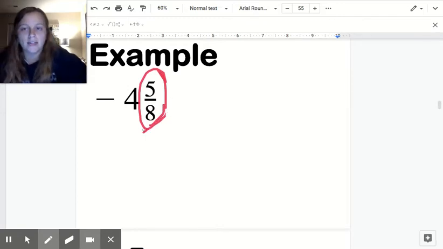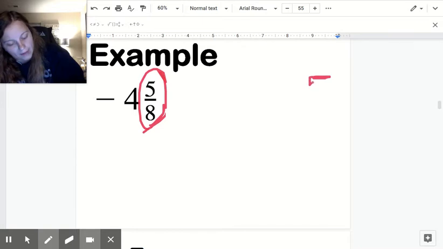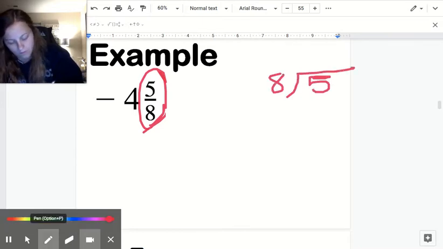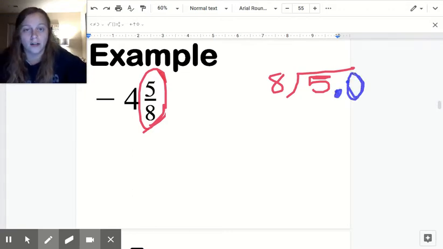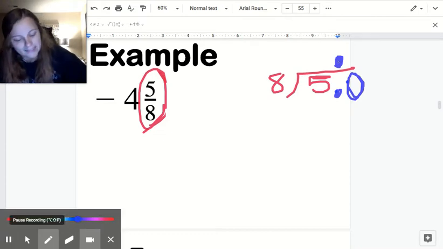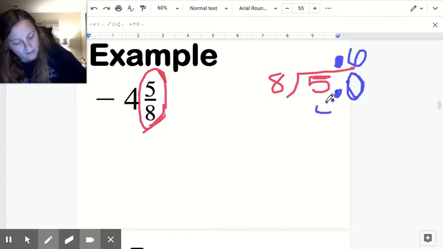To change 5/8 to a decimal, remember we do 5 divided by 8. 8 does not fit into 5, so I add a decimal and a 0. Remember, if I add a decimal in the question, I have to add a decimal in my answer. 8 fits into 50 6 times, which is 48. So I have 2 left over.